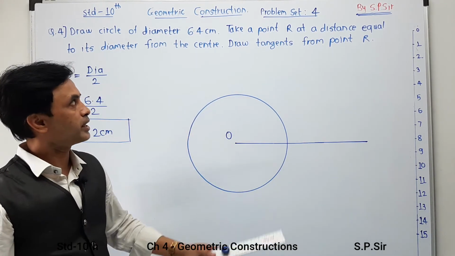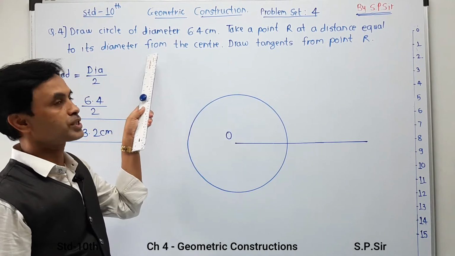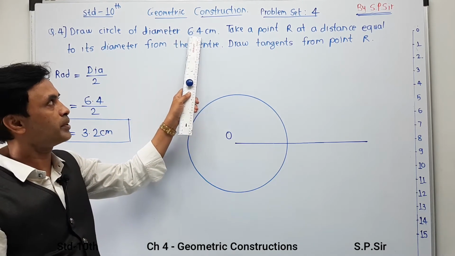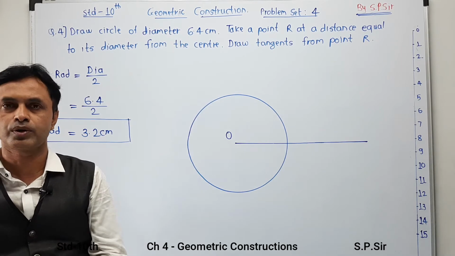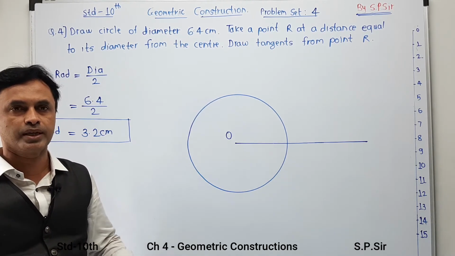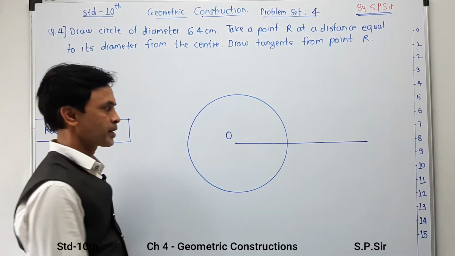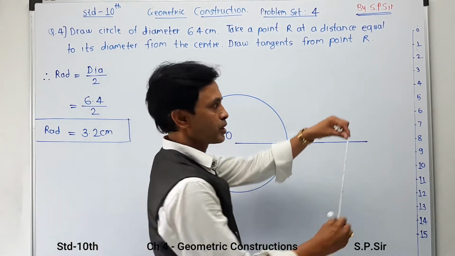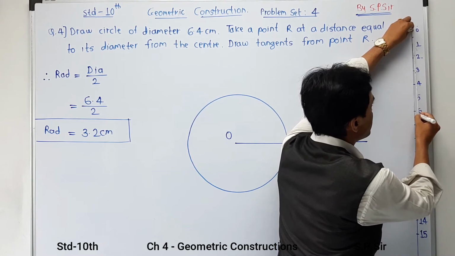Now as per the condition, take a point R at a distance equal to its diameter, and remember your diameter is 6.4. So in the second step we are going to take a length of 6.4 centimeter. Again you can do it with the help of either a scale or a compass, but generally in construction we take this distance as 6.4 from a scale measurement.